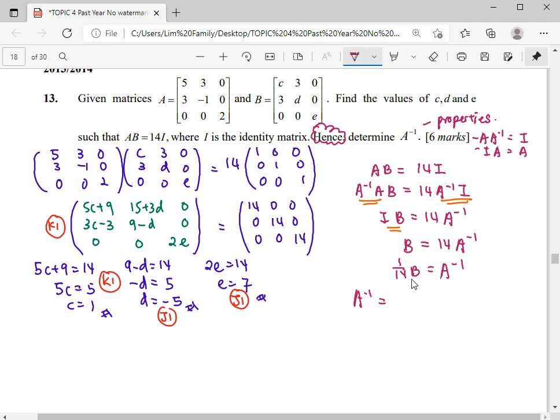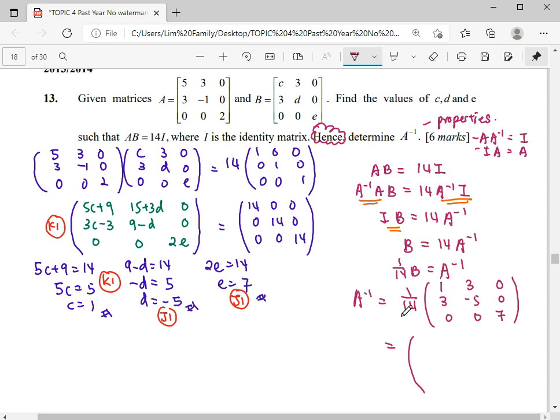Finally, after I get this relationship, I substitute back our matrix B, which uses C, D, E. We use the values we found just now: 1 for C, D is negative 5, and E is 7. Don't leave our answer in this form.